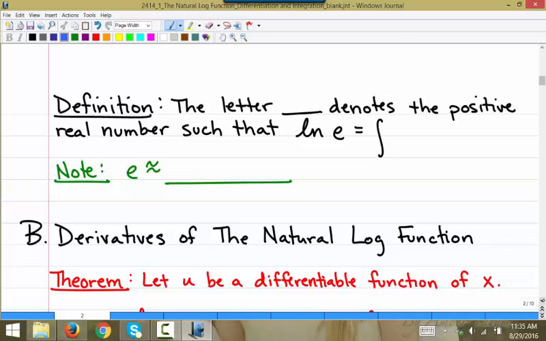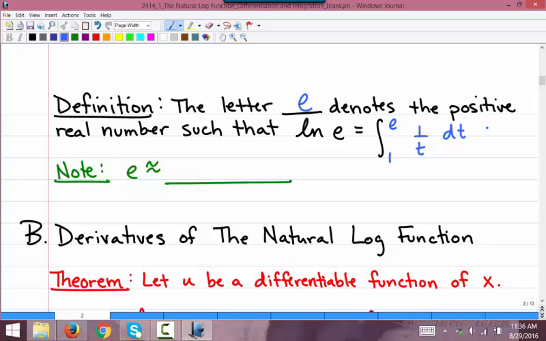Okay, another definition. The irrational number e denotes the positive real number such that the ln of e is the definite integral from 1 to e of 1 over t dt, and it gives you 1. It's an irrational number.